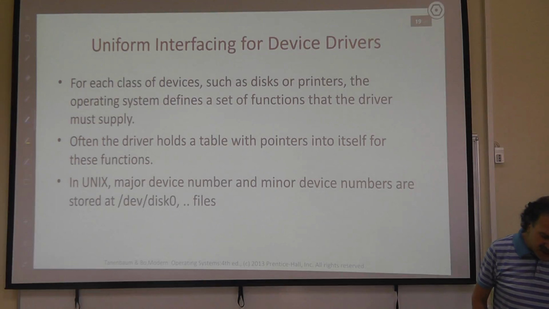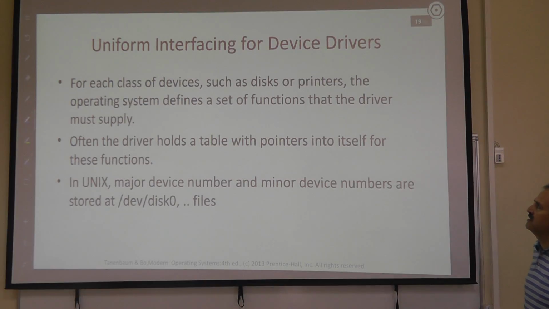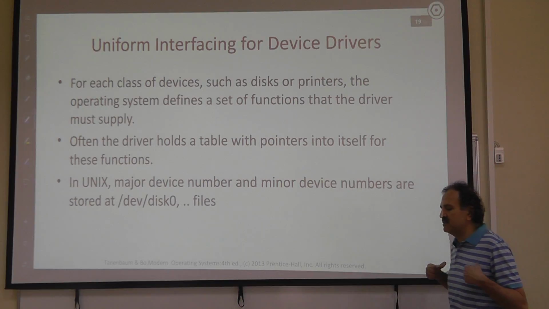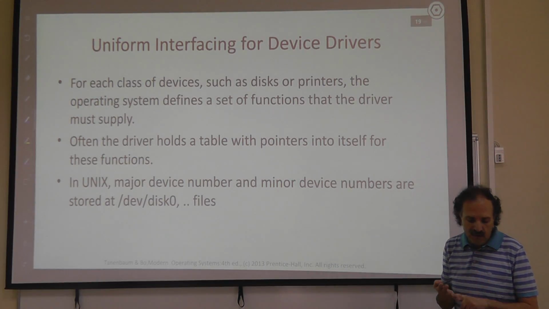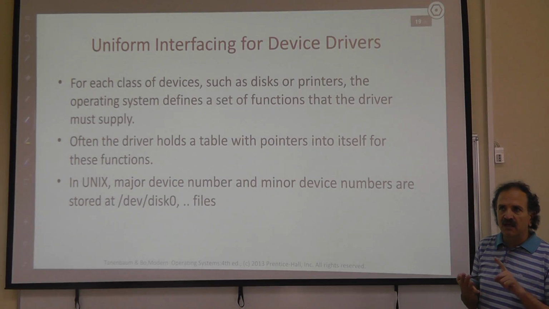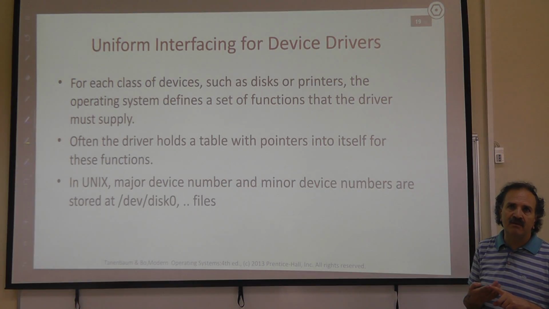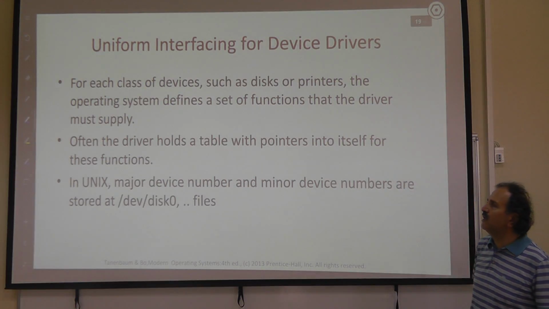Okay. For each class of device, such as disks or printers, the operating system defines a set of functions that the driver must supply. You are saying that if you are writing a driver for my operating system, and if you are a printer, then you need to implement these functions. What are those functions? Print a character, line feed, page feed, reverse the page, and etc. That kind of stuff.